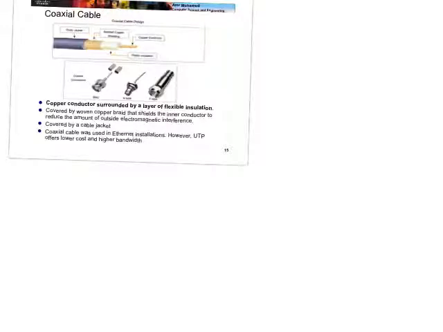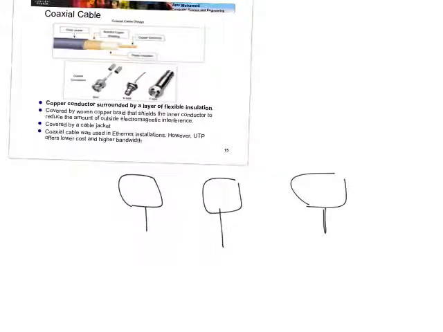And what happens is that we have nodes like this with wires, and then some of these connectors are used as T connectors here. So you have a T connector, and then you have a coaxial wire like this. So this actually explains the physical and logical topology.